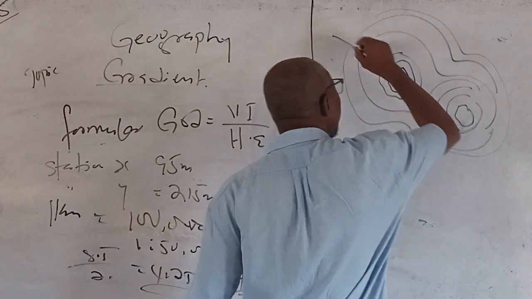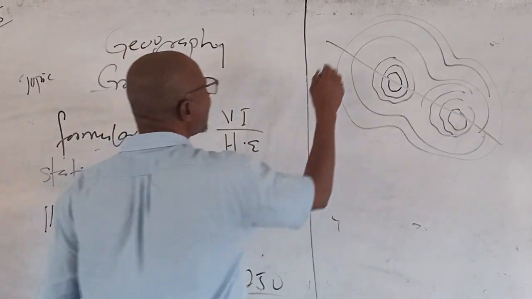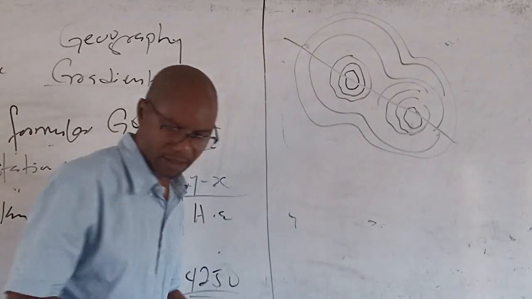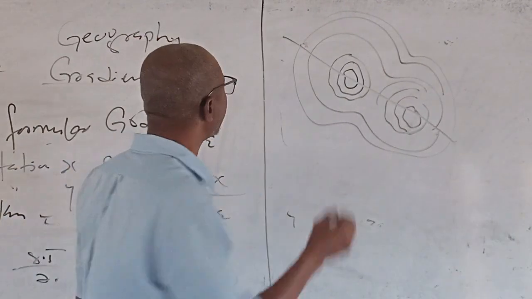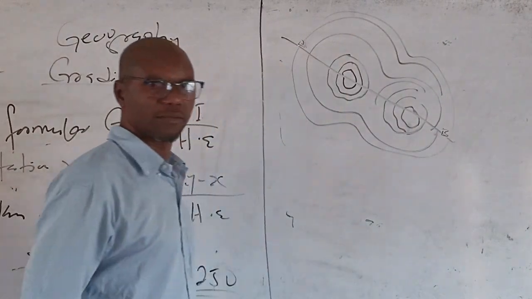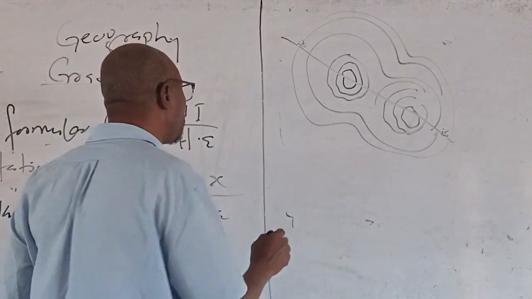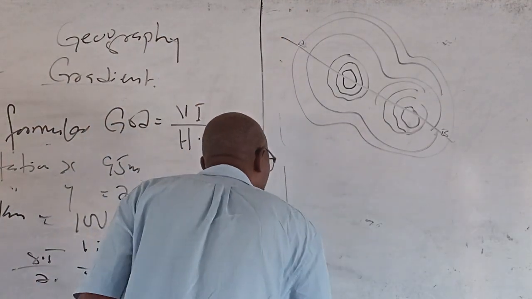You do a cross section. In this version, here's A, here's B. Now, if you want to show this mountain on paper, you use a scale and make a graph.